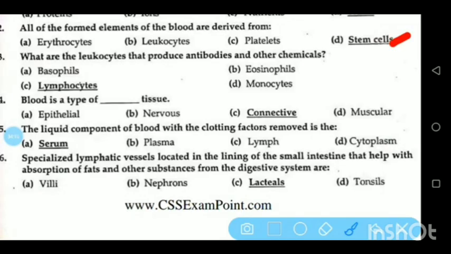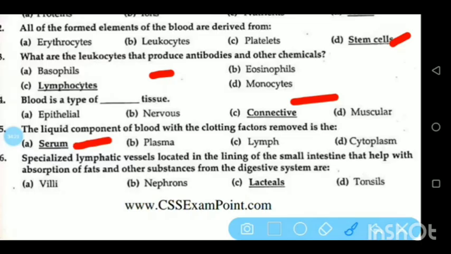What are the leukocytes that produce antibodies and other chemicals? Lymphocytes. Blood is a type of connective tissue. The liquid component of blood with the clotting factors removed is the serum.